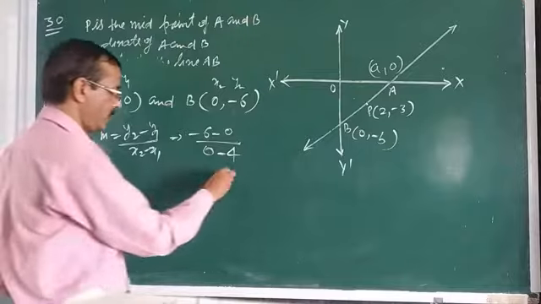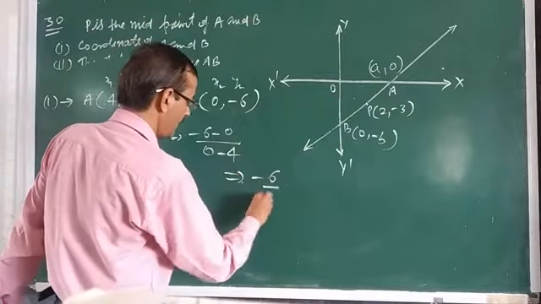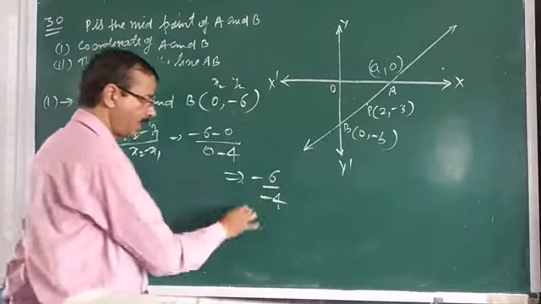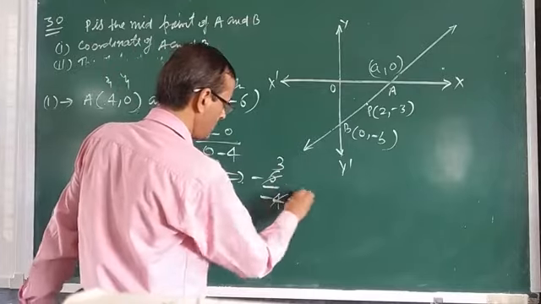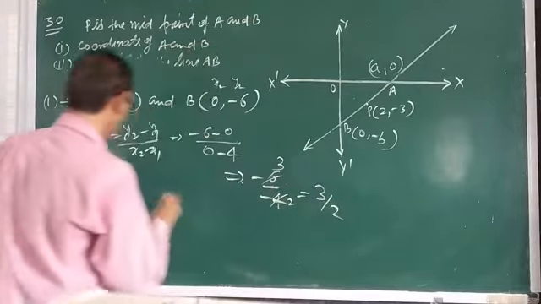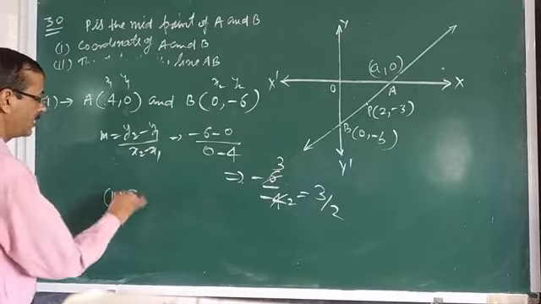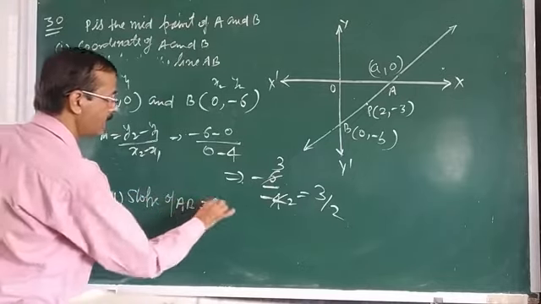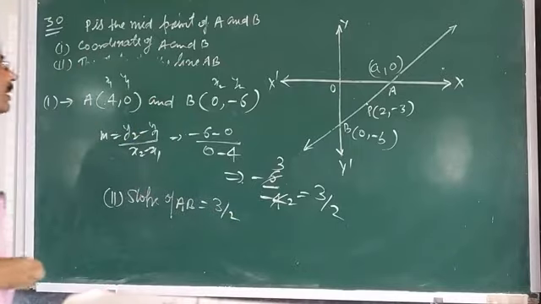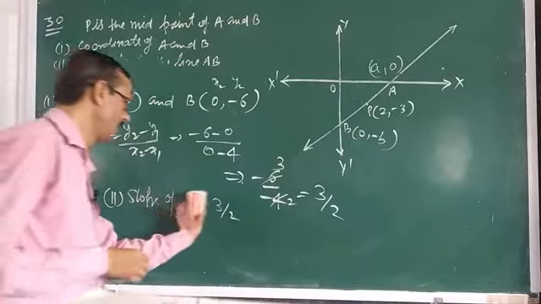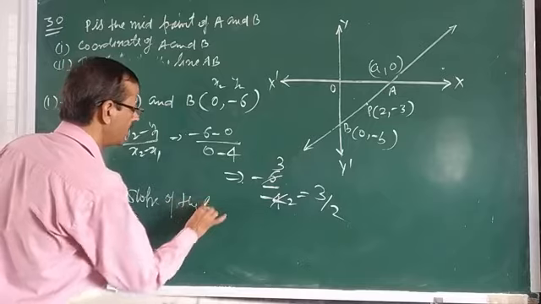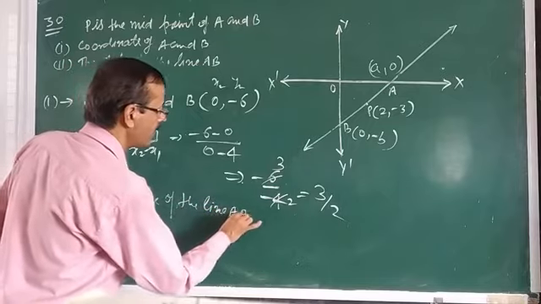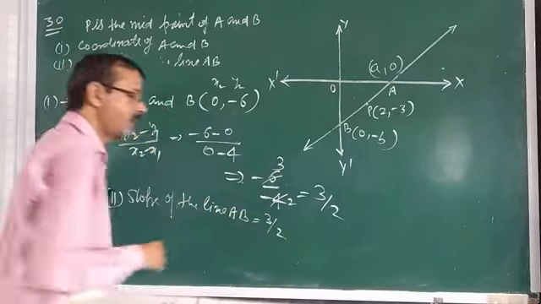That becomes minus 6 upon minus 4. The minus cancels, and 2 threes, 2 twos, gives 3 upon 2. So the slope of AB is equal to 3 upon 2.